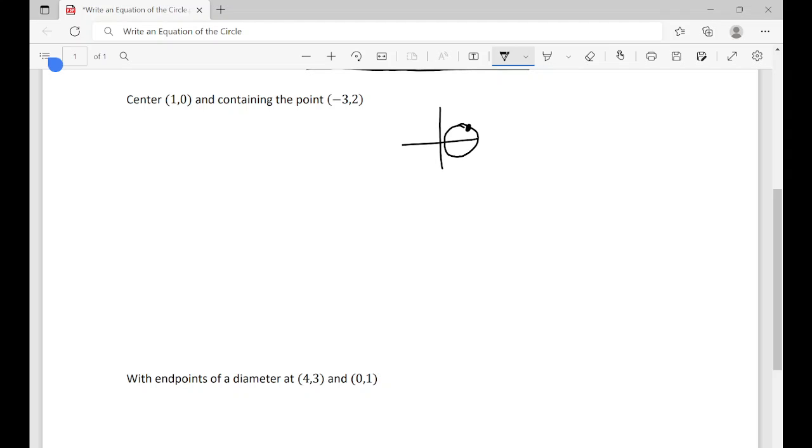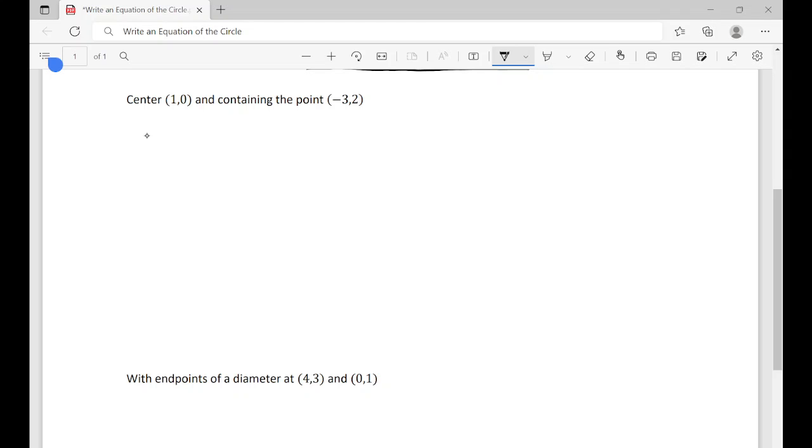And (1, 0) is the center, so we know it's some point here going out like that. If I know the distance between these two points, I'll have my radius. So even though I have my center, I have to find the radius, and I can do that just by finding the distance between the center and a point on the outside of the circle. So that's what I'm going to do.